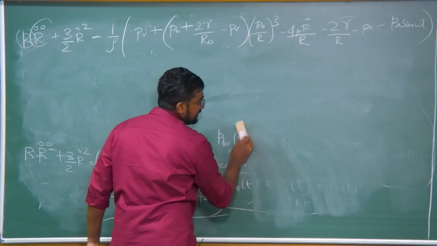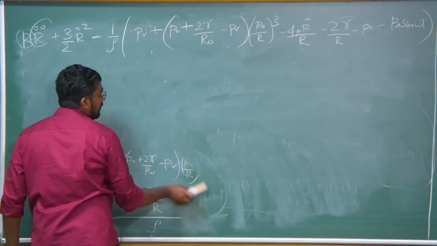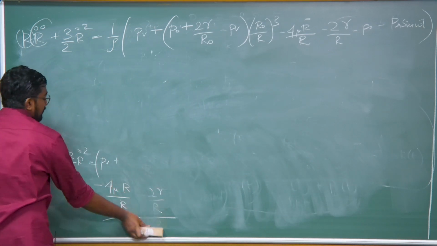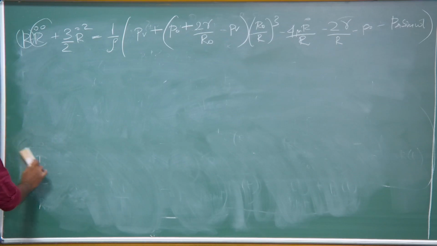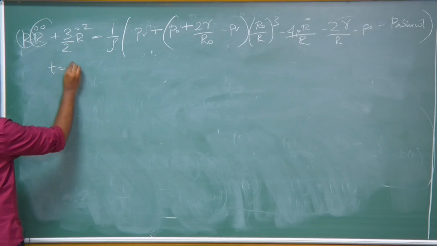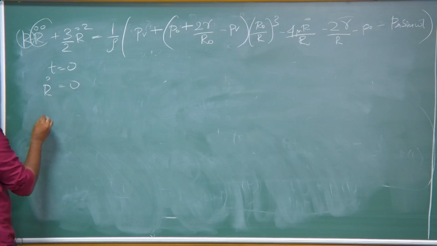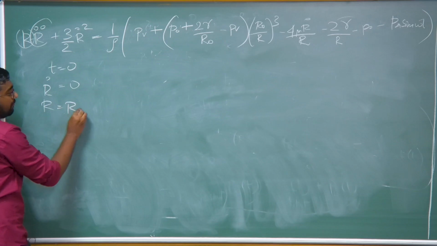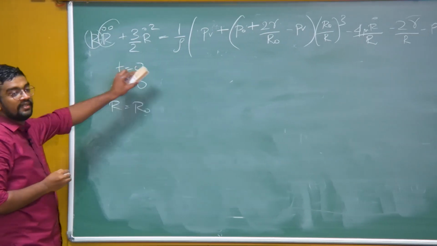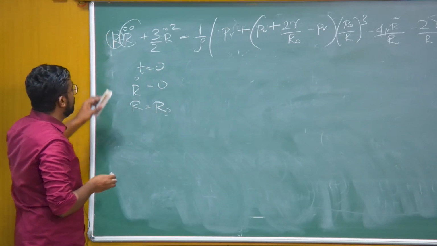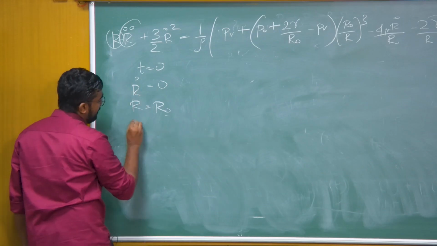So, at the initial condition t equal to 0, can anybody find the value of the equation? Just put t equal to 0. At t equal to 0, bubble is at rest. So, R dot will be equal to 0, R will be equal to R0. Can you substitute it? Let me know what you have, and of course, acceleration will also be 0.